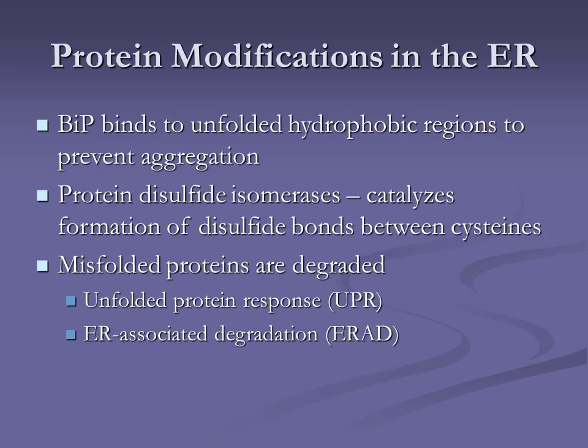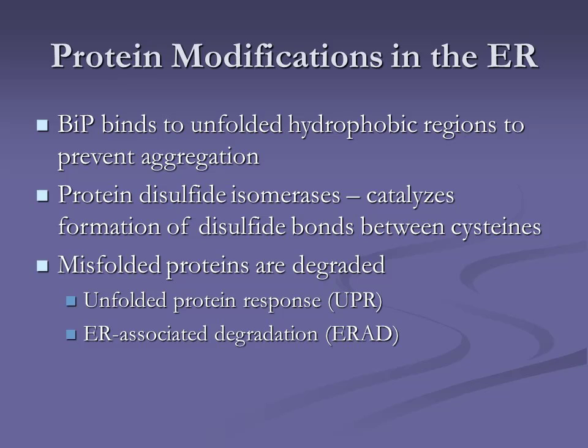Many of our proteins are joined together into a secondary structure and even the tertiary structure with disulfide bonds, not the least of which are going to be our antibodies. And those disulfide bonds are formed inside the ER with disulfide isomerase enzymes. So we're going to get even that level of tertiary structure folding inside the ER.